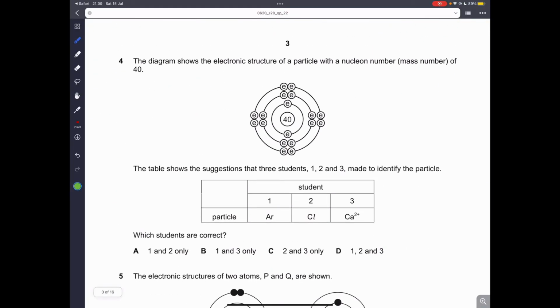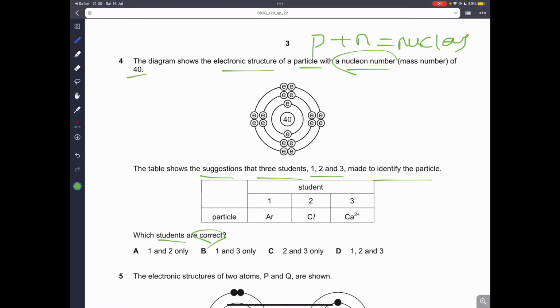Question number 4. The diagram shows the electronic structure of a particle with a nucleon number of 40. Remember, the nucleon number is basically the number of subatomic particles in the nucleus, and protons and neutrons make up the nucleus. The table shows the suggestions of 3 students, 1, 2, and 3, made to identify the particle. Which students are correct?